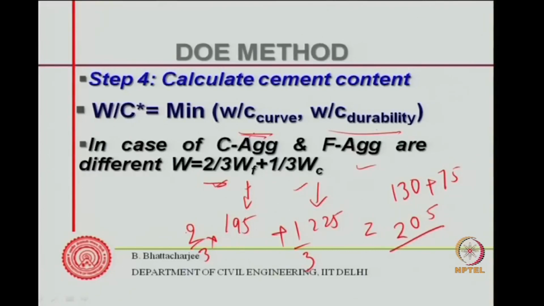So it will be 205 kg per meter cube, but it will depend upon what type of aggregates you have.